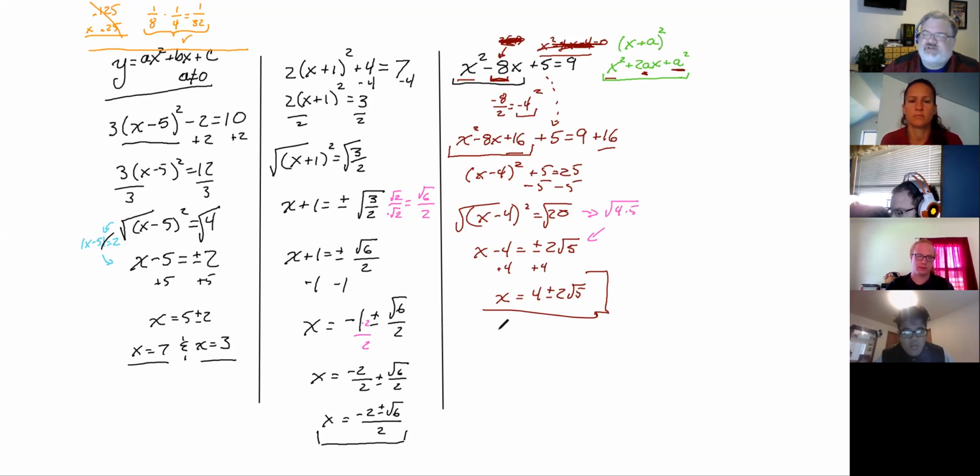A lot of scenarios have that, wouldn't it be nice if this was a perfect square? Perfect squares are handy. And anytime we end up in that situation where wouldn't it be nice if this was a perfect square, if the answer to that is yes, completing the square is going to be a good tool. So practice some completing the square. We'll talk about it more.